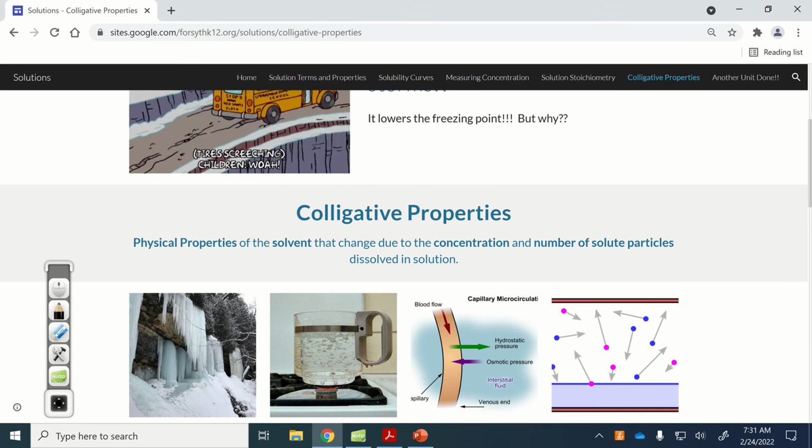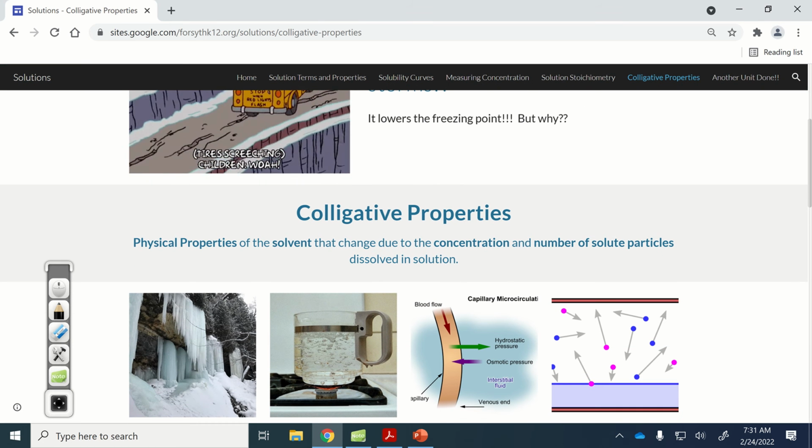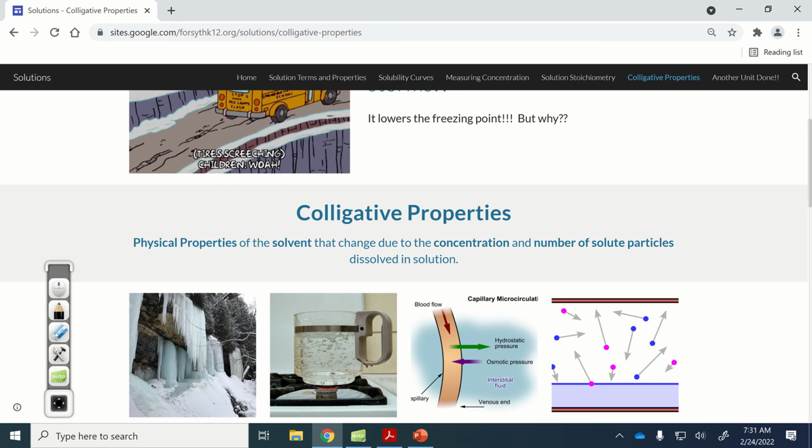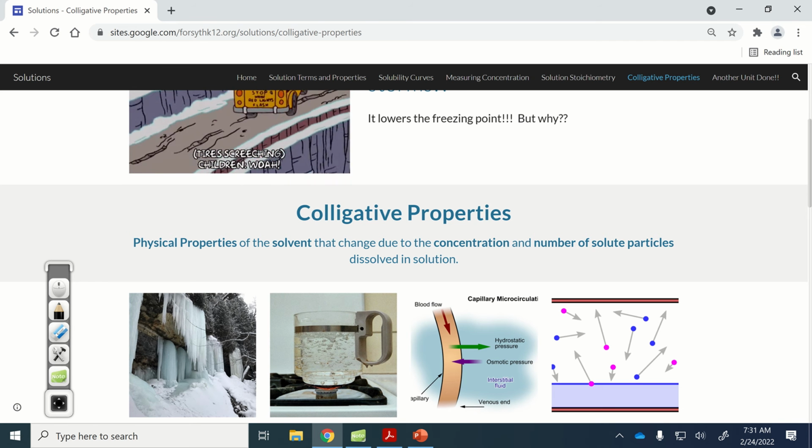So a colligative property is a physical property, not a chemical property, but a physical property of the solvent. So again, we're looking at the solvent of the solution. It actually doesn't matter what the solute is per se.